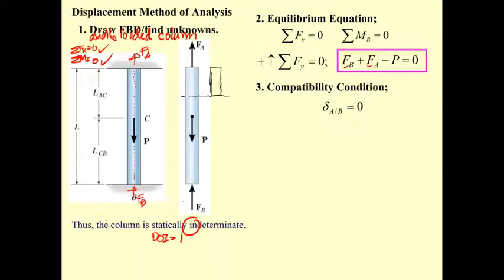We also have to consider the other portion of this column, and what you have is this portion subjected to the reaction F sub B, and this portion subjected to F sub A. If you do the summation, the internal force here is F sub A, and the internal force here is F sub B, but they are different.